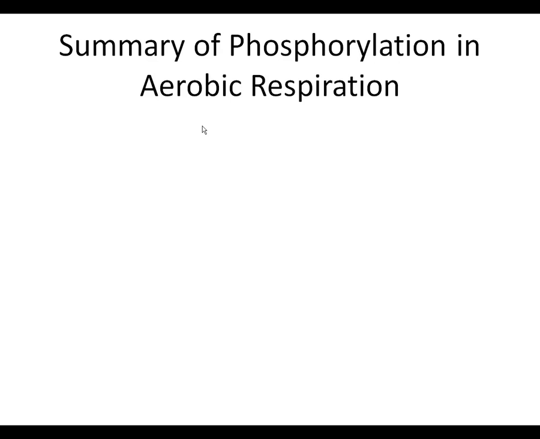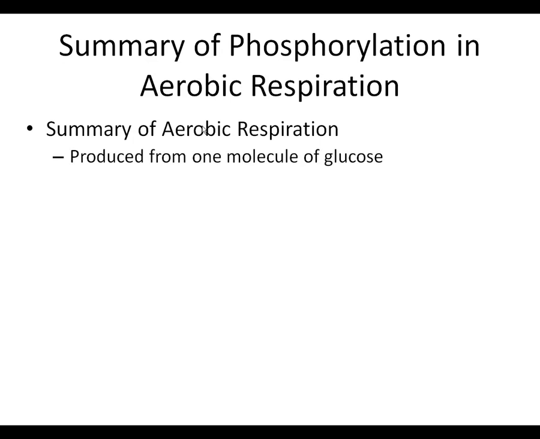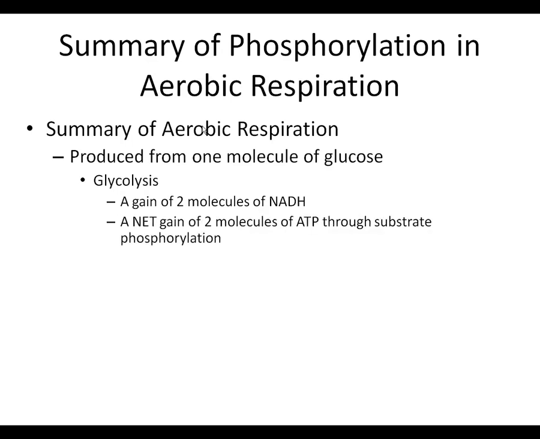So if we look at a summary of phosphorylation in aerobic respiration, what we have produced from 1 molecule of glucose is, in glycolysis, 2 molecules of NADH. We have a net gain of 2 molecules of ATP through substrate phosphorylation.